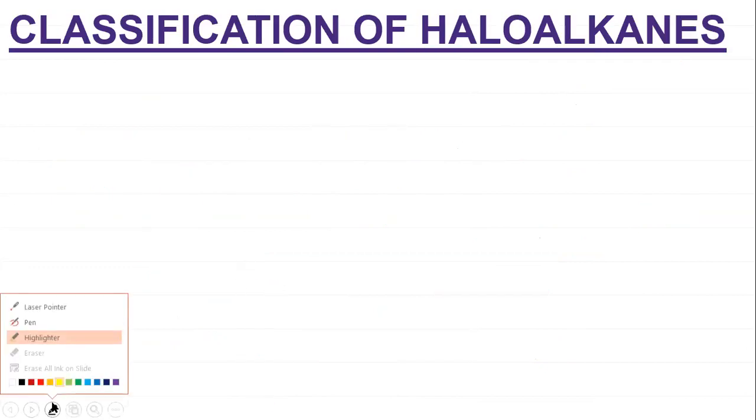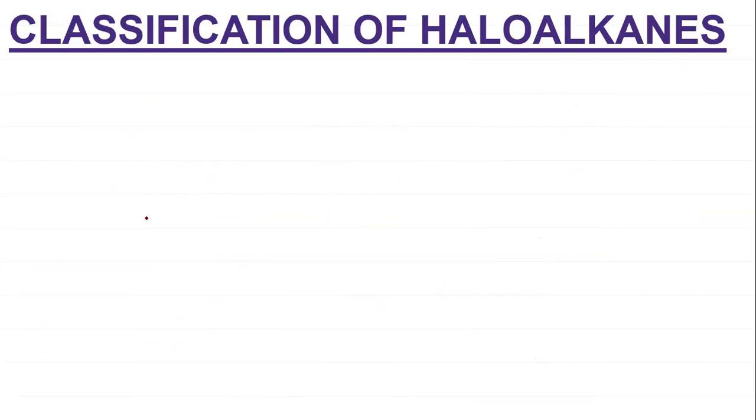Now, let us talk about classification of haloalkanes. Now, we have haloalkanes like this one. Let me do this. 1, 2. Just a simple one. Let me draw there a Br.